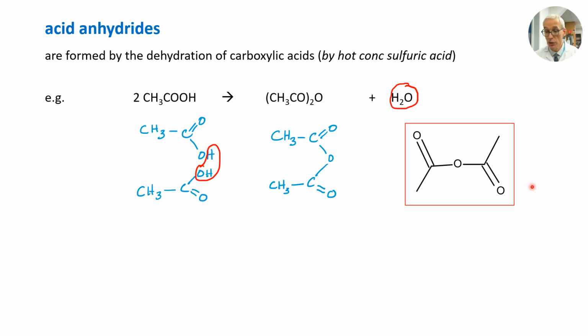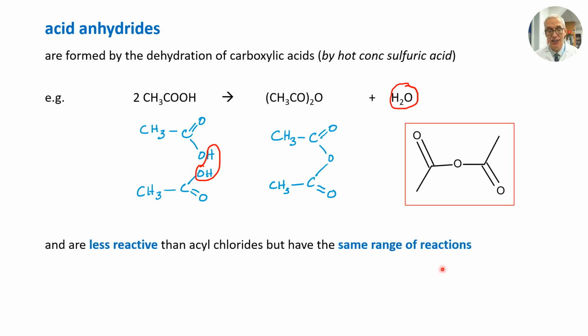Now, what's useful about anhydrides is that they are less reactive than acyl chlorides, but have the same range of reactions. Acyl chlorides react very vigorously. It may be wiser to react with an acid anhydride.